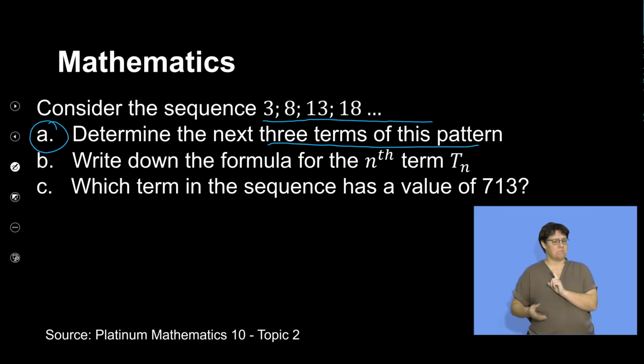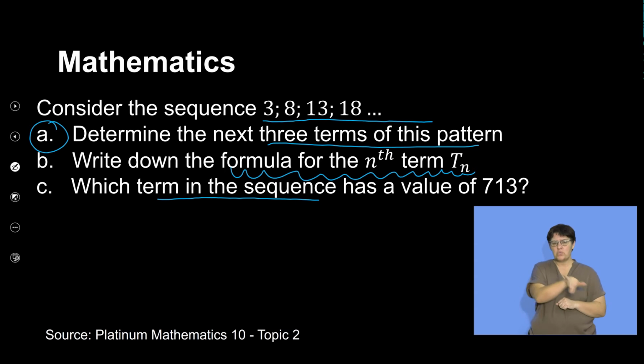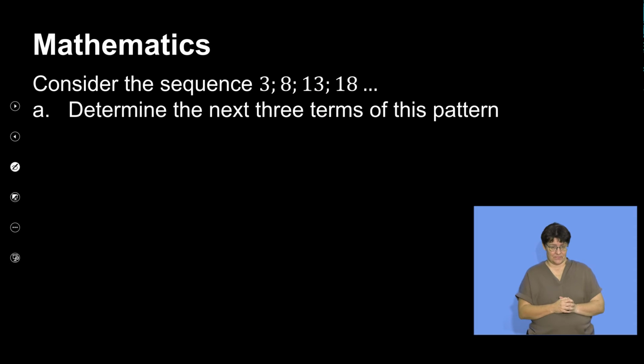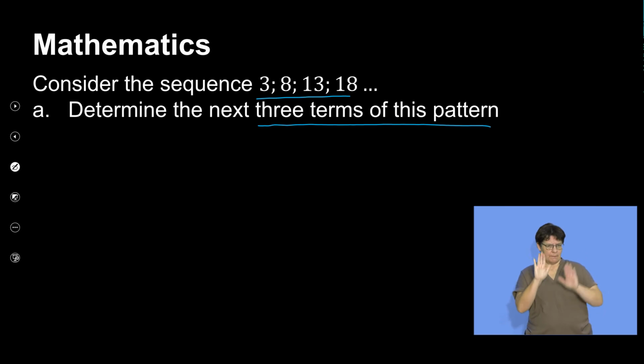Then we are going to write down the formula for the nth term. We spoke about that as the general term. We're then going to work out which term in the sequence has a value of 713. So the first question is to determine the next 3 terms of the pattern.